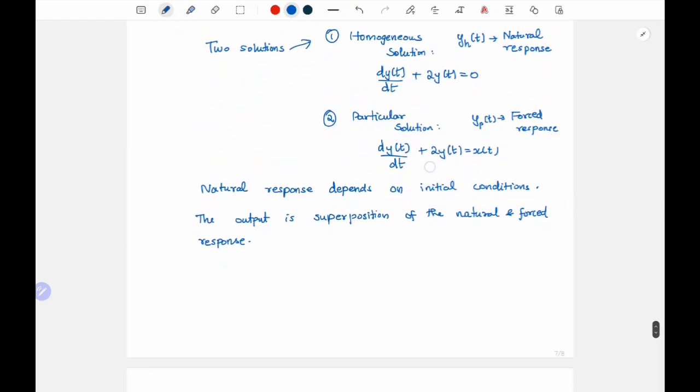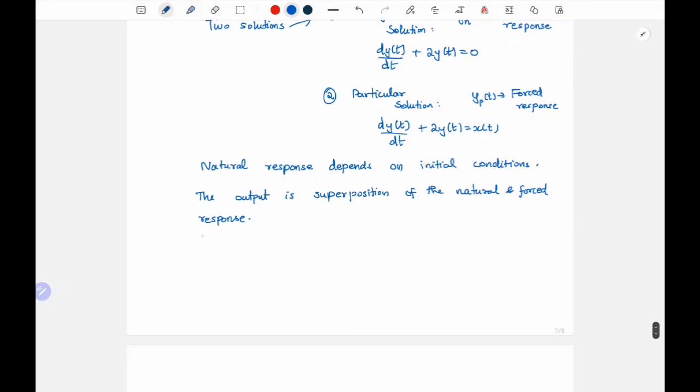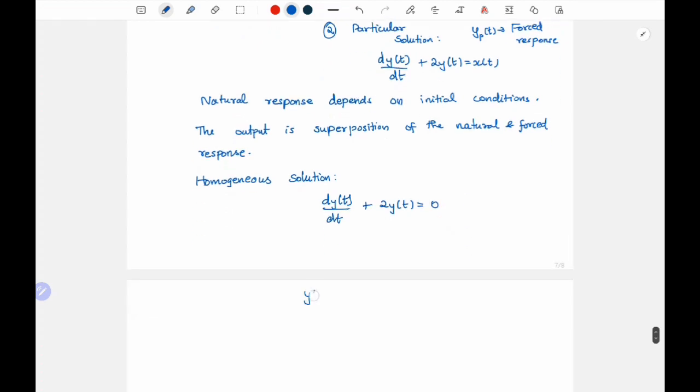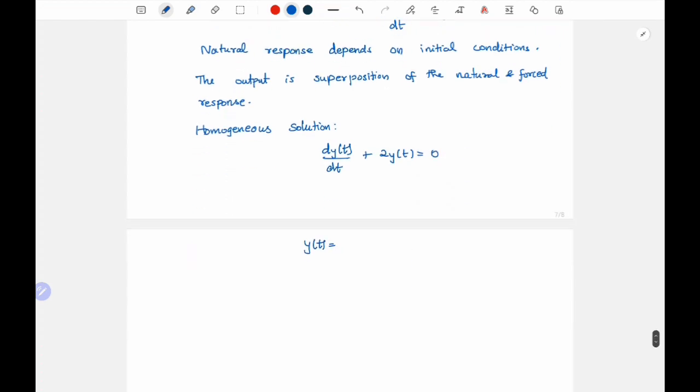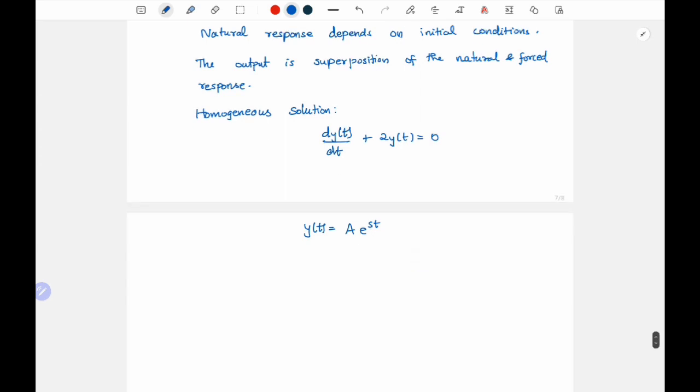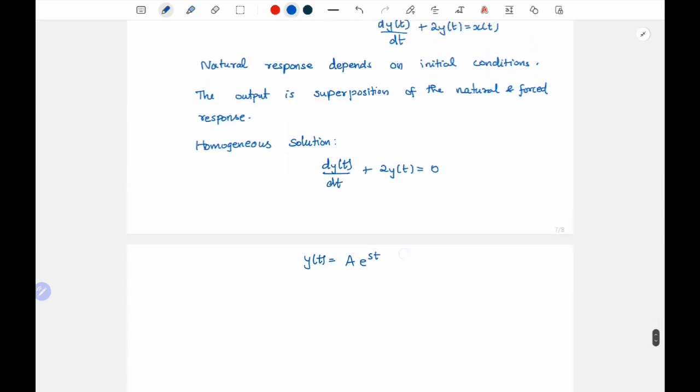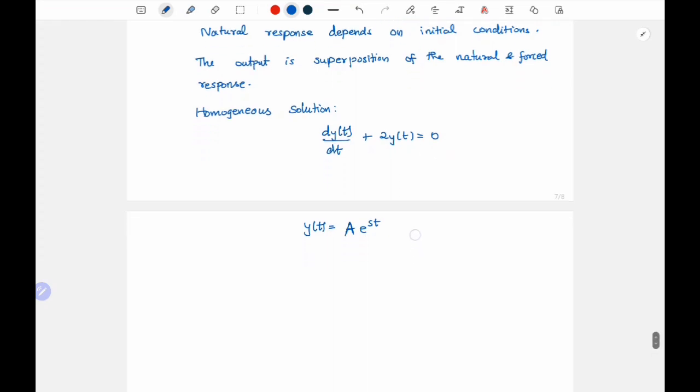So now let us try to solve this. So let us first find the homogeneous solution. So dy of t by dt plus 2y of t equal to 0. So initially, for every differential equation we assume that y of t is something like A e power st, and then we try to find s and A. So s will be directly found from the differential equation, and to find A we need some initial conditions.